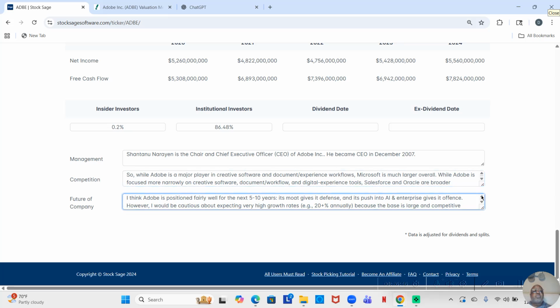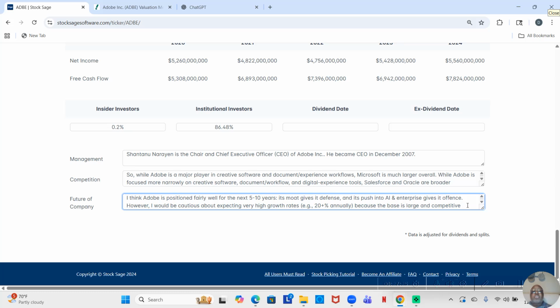As far as the future of the company, I think Adobe is positioned fairly well for the next 5 to 10 years. Its moat gives it defense, moat meaning something that protects it from people competing against it. It has a competitive advantage that people can't reach. Its moat gives it defense, and its push into AI and enterprise gives it offense.